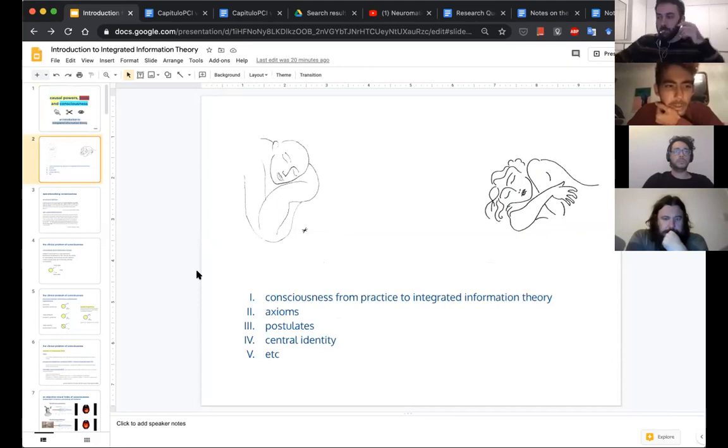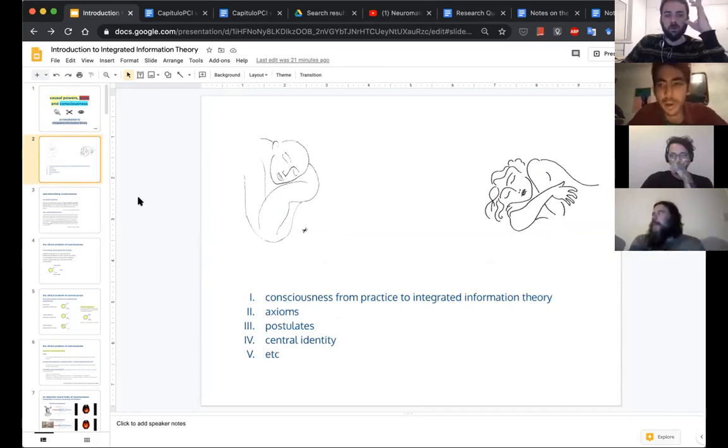I'll start with some experimental context of the area of research, scientific research in consciousness, showing how the problem of consciousness appears concretely in the clinic, and what kind of experiments are done.